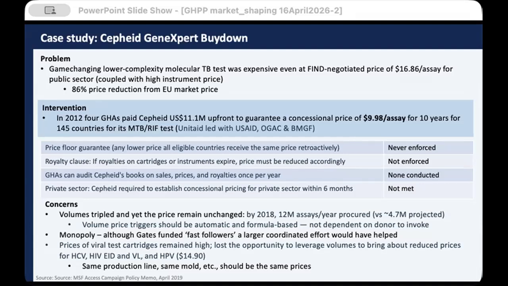One of the problems also was there was a robust development pipeline, but the deal did not cover any of those tests, any of the virology tests. So you have still high prices, around $15 for hepatitis C, for HIV, and for HPV. Even though it is the same mold, it is the same production line, and MSF has shown that the cost of goods is very low, on par with TB tests.